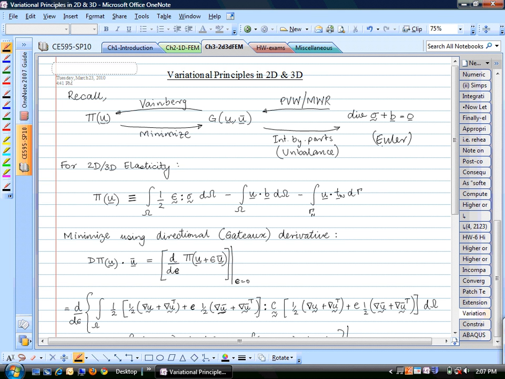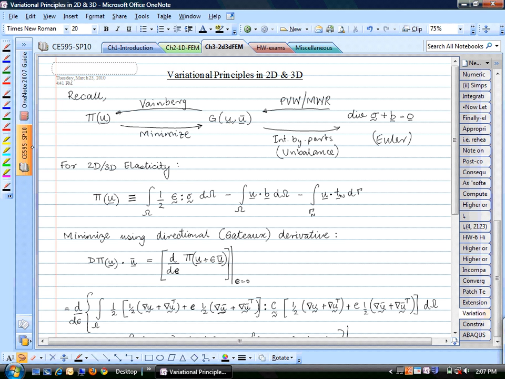Okay, so this is the big picture of where all this fits. You can start with your governing differential equation, use the method of weighted residuals or principle of virtual work to get weak form. And if you want to find out whether some energy functional exists, you can use Weinberg's theorem.